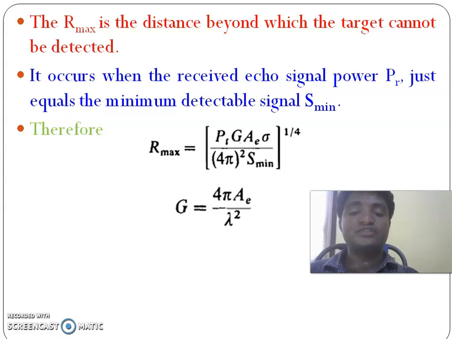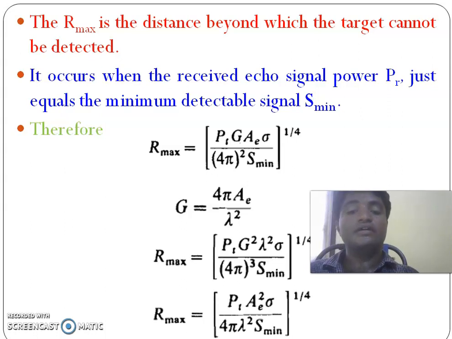By substituting the G value in the above equation, we get the third equation, and by substituting effective area, we can get the second equation. These three equations indicate the radar range.